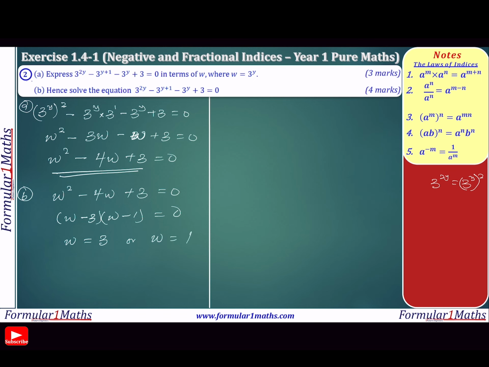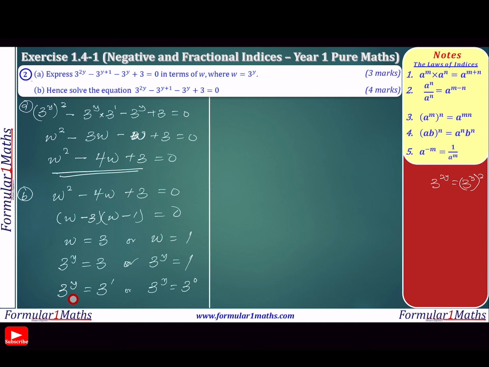But we are required to find the values of y. Well, we know that w is the same as 3 to the power y, and that would be equal to 3, or 3 to the power y equals 1. If I write this nicely, I'm going to get 3 to the power y is equal to 3 to the power 1, or 3 to the power y is equal to 3 to the power 0, because 3 to the power 0 is 1.